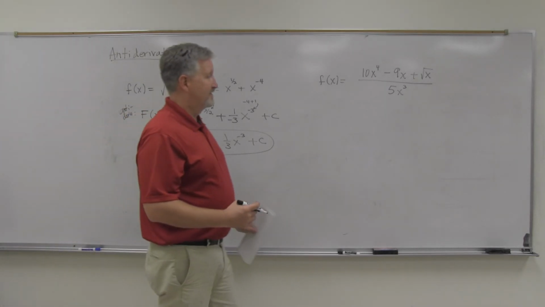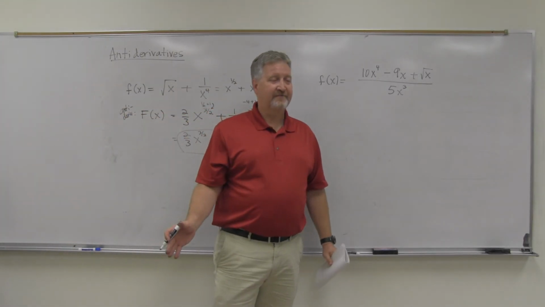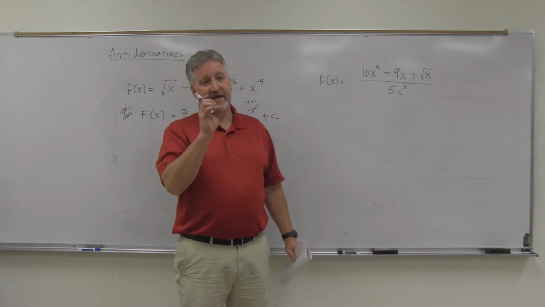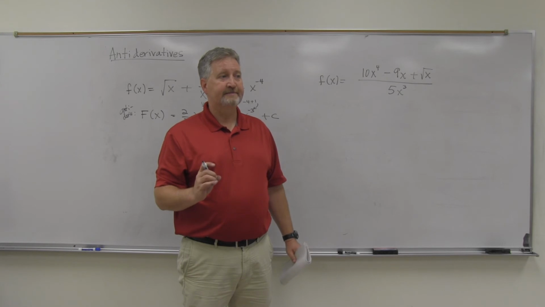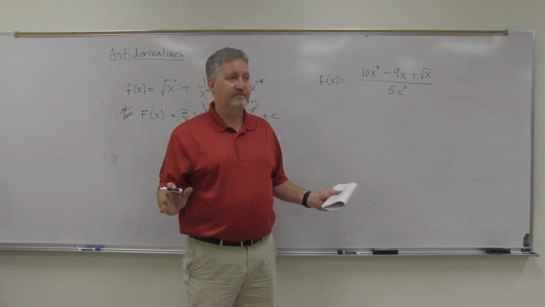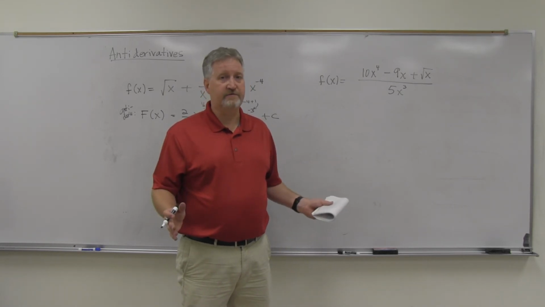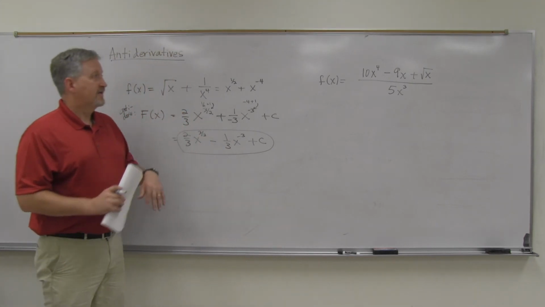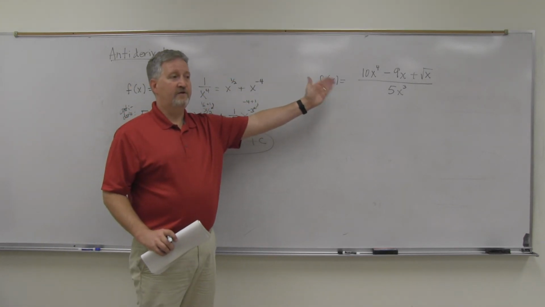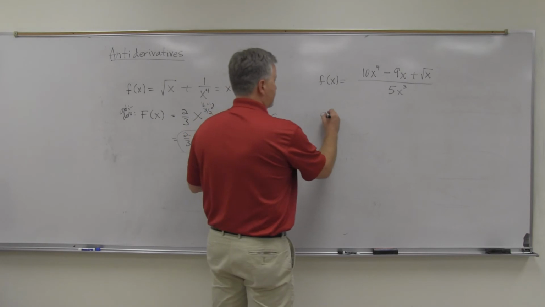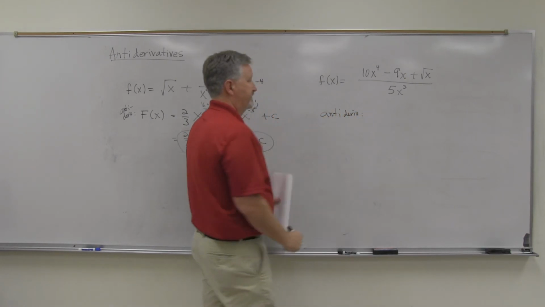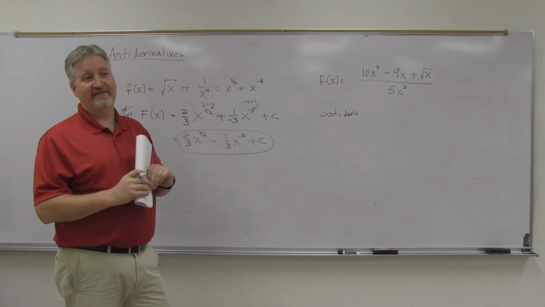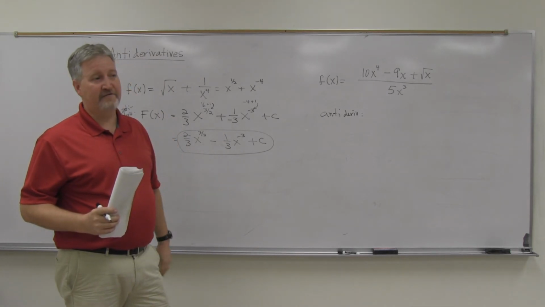Unfortunately, just like derivatives, antiderivatives, you can't do the antiderivative of the top divided by the antiderivative of the bottom. That's the same in derivatives, it's the same in antiderivatives. Okay? So if you got divide and you're trying to do the antiderivative here, you have to do something to actually get the antiderivative of it.